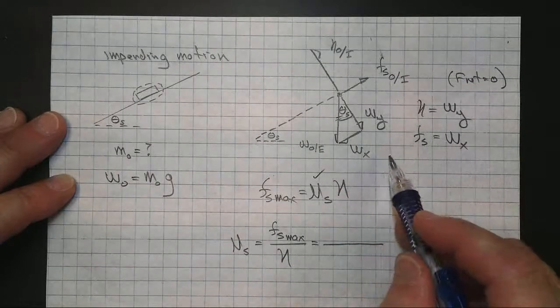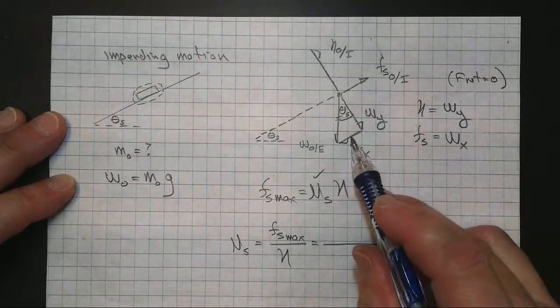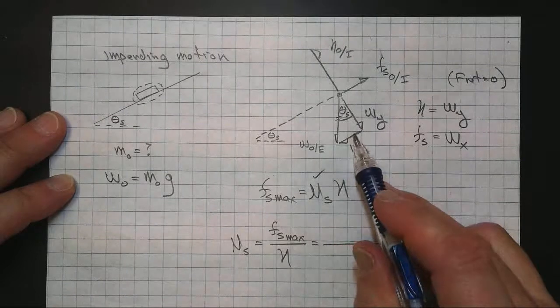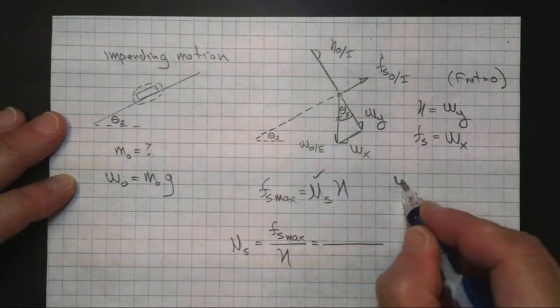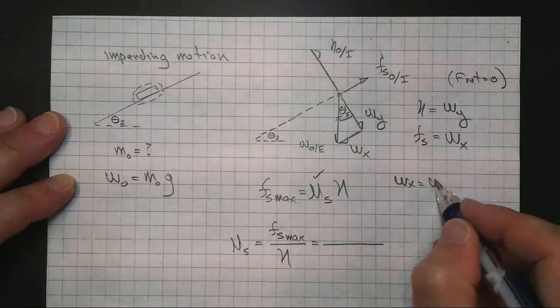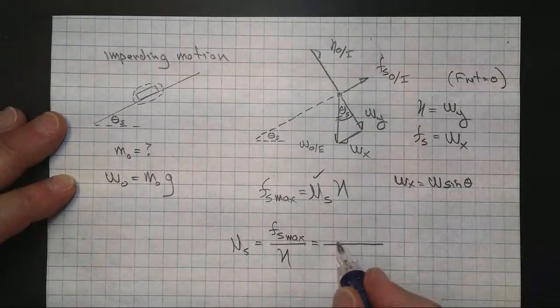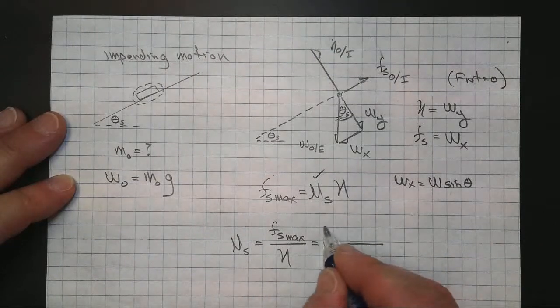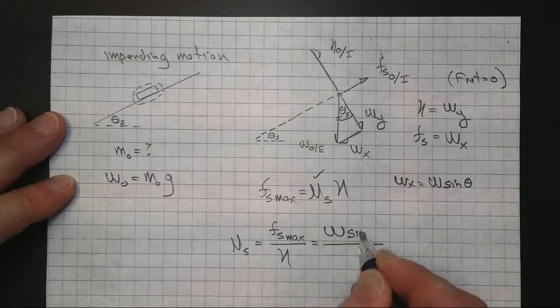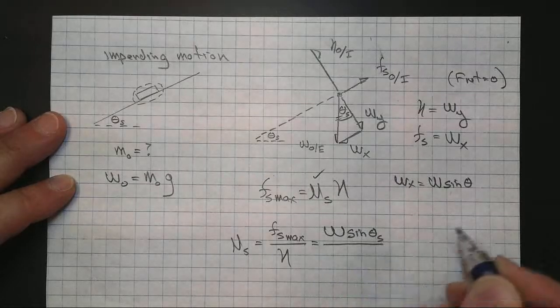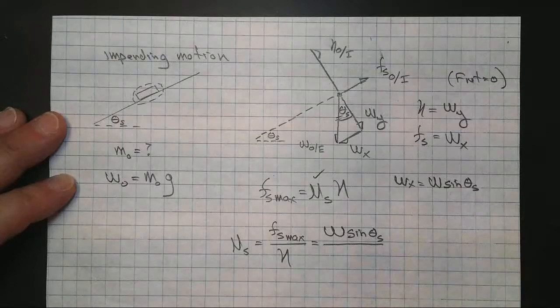Wx is opposite the angle theta s, so that's going to be the sine. So Wx equals W sine theta s, the angle at which the object would begin to slide.